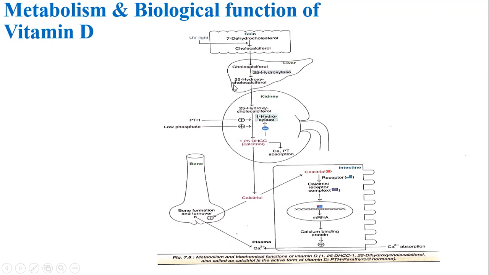Then the 25-hydroxycholecalciferol moves into the kidney, and the kidney also contains an enzyme, the 1-hydroxylase enzyme. This 1-hydroxylase enzyme adds a hydroxyl group at the first position and converts 25-hydroxycholecalciferol into 1,25-dihydroxycholecalciferol, which is the active form of vitamin D, also known as calcitriol.